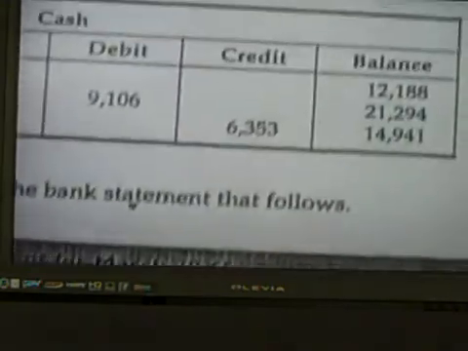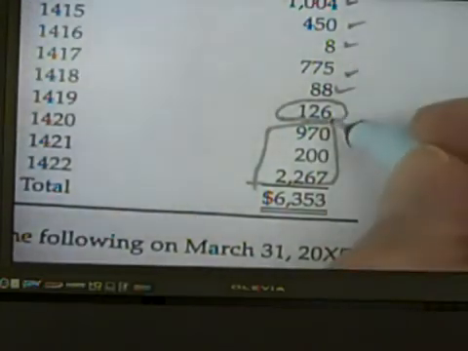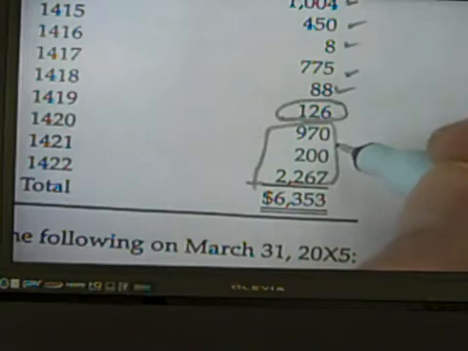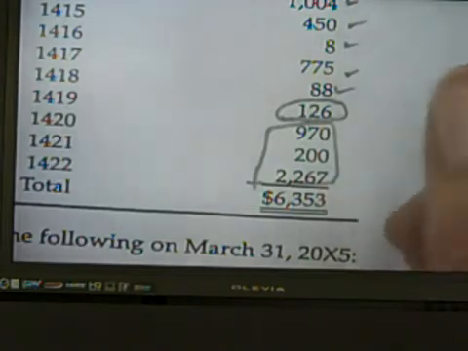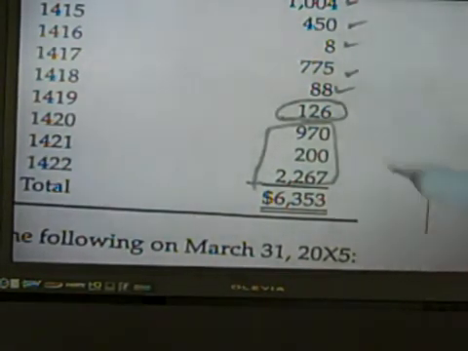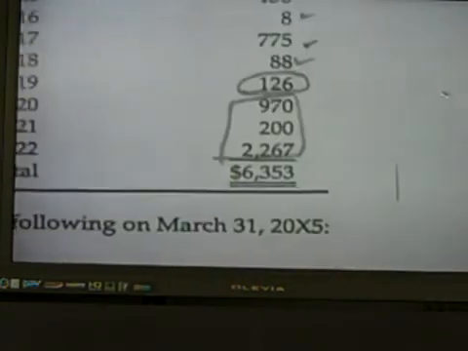But when we recorded it on our books, we recorded it at $126, which means that we didn't take enough off of our books. We need to take some more off of our books in order to make this balance. Because that check was written and cashed in the correct amount, we incorrectly recorded it on the books. Now that was a true error, and sometimes there are true errors that happen, and those have to be accounted for on the bank reconciliation also.